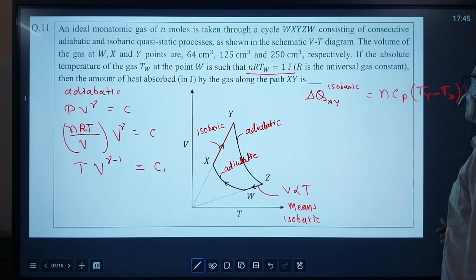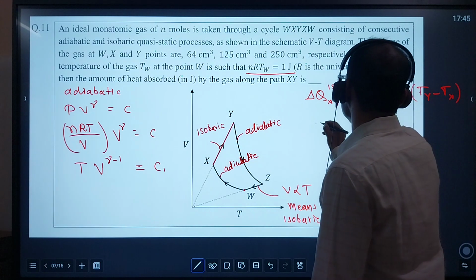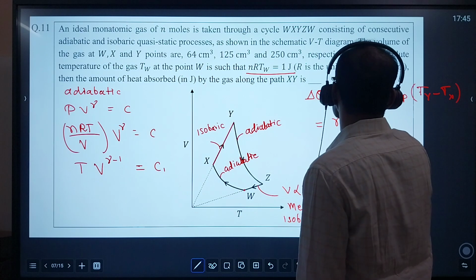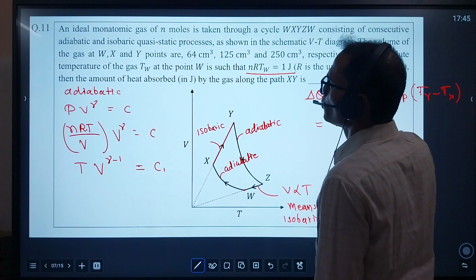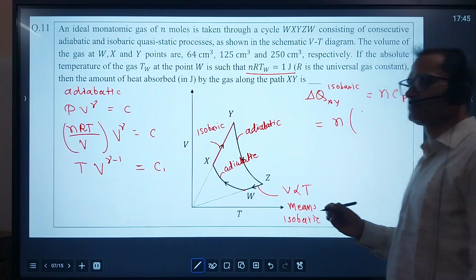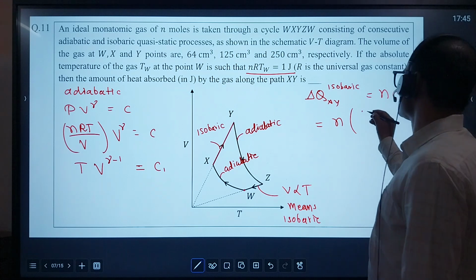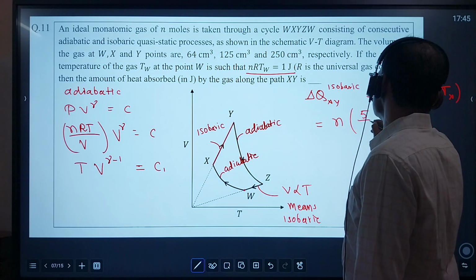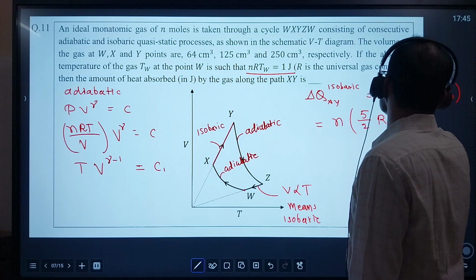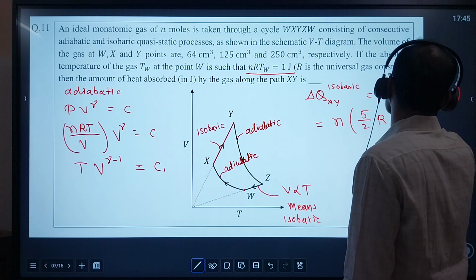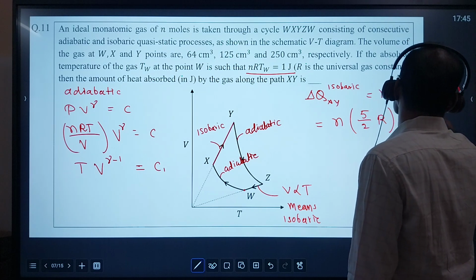Here n is n, and for a monoatomic gas Cp is 5 by 2 R, times Ty minus Tx.